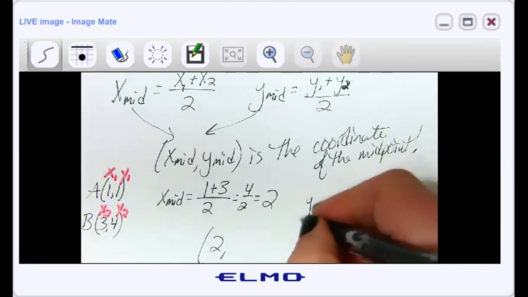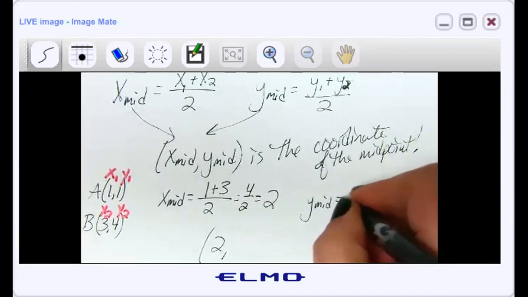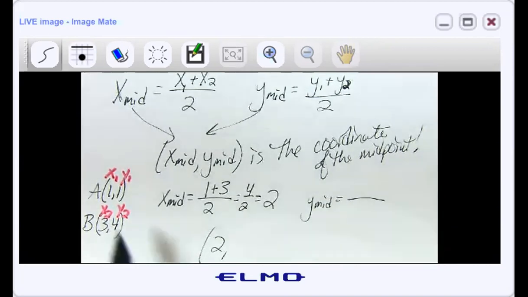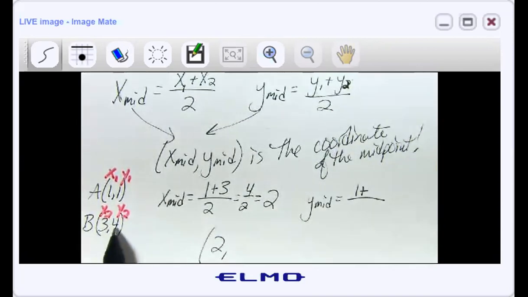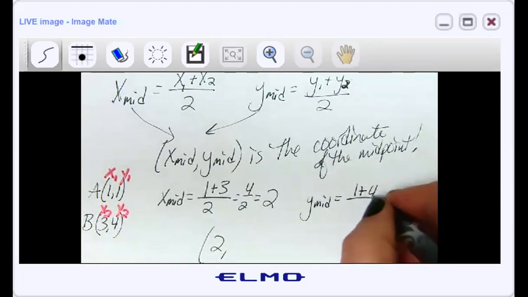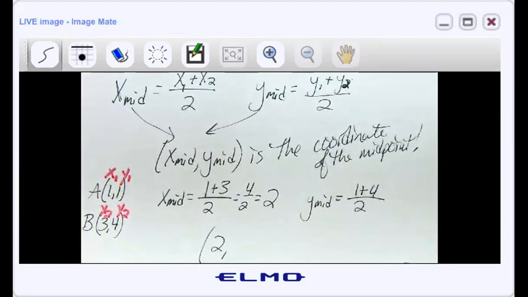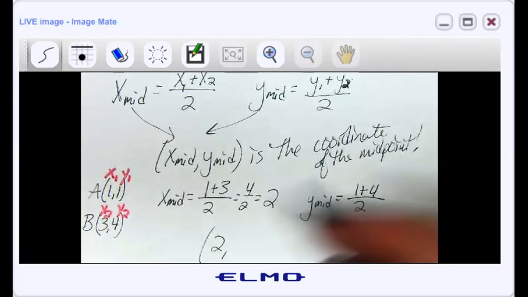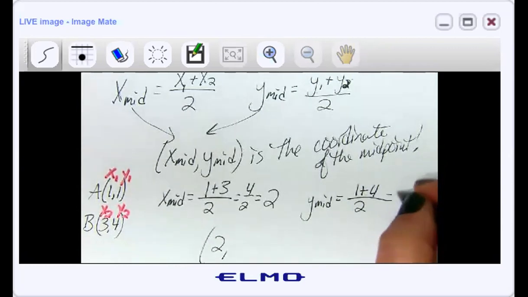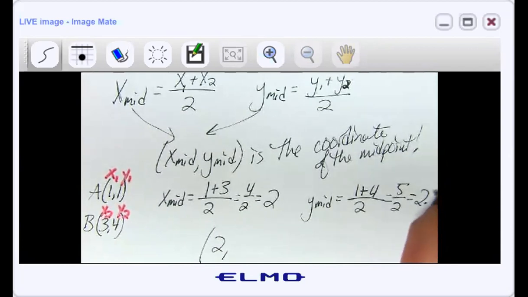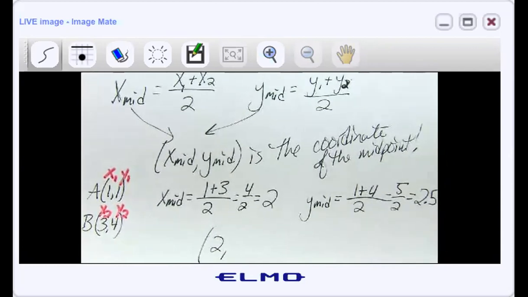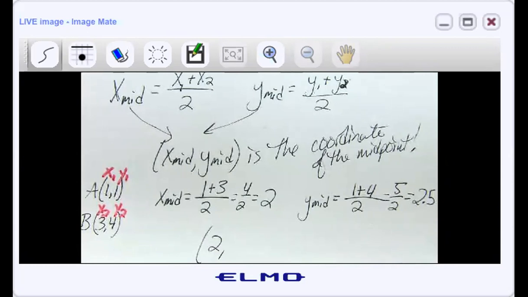So to find y of my midpoint, I'm going to add the two y's together. According to this, I start with y1, that's 1, plus y2, which is 4. And I need to divide by 2. Now it's just doing the math. 1 plus 4 is 5. 5 divided by 2 is going to be a decimal, but so what? You can have decimals. So I get 2.5.